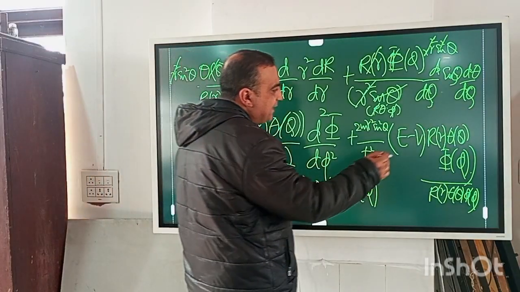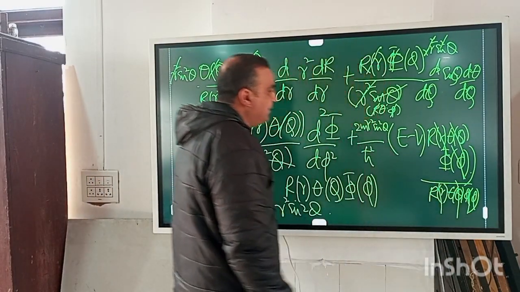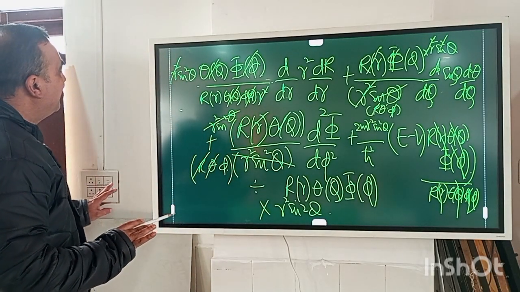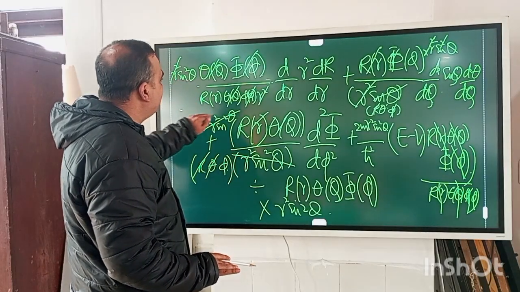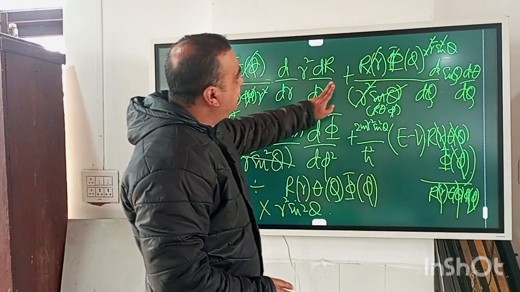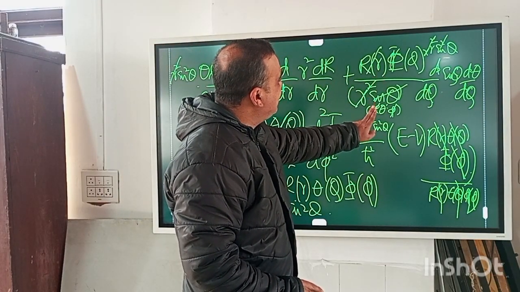And here you can see this R Θ Φ and R Θ Φ will go. So finally, we will be left with sine squared theta by Θ, okay? And here we'll be left with sine theta by Θ.